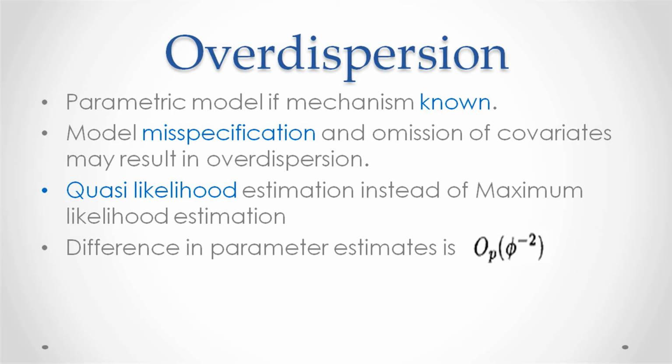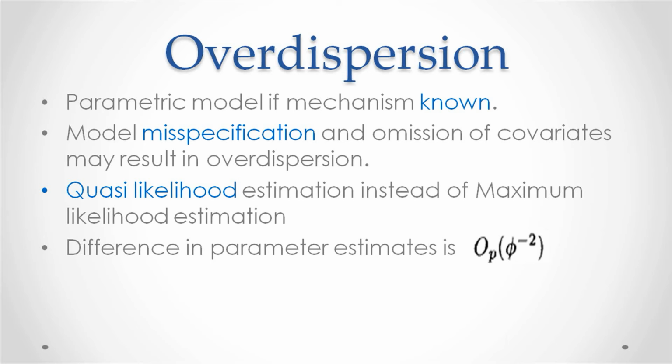In these situations, because we can write down the mechanism, we can also write down a parametric model for it, and hence use any parametric means of inference such as likelihood-based inference.